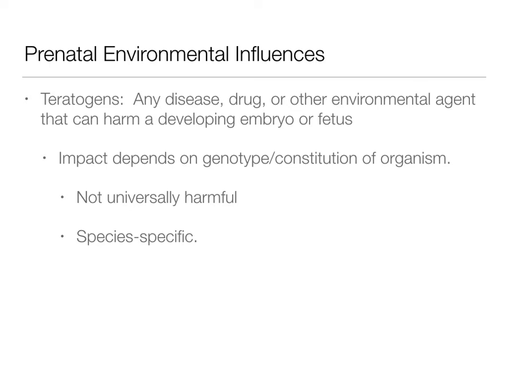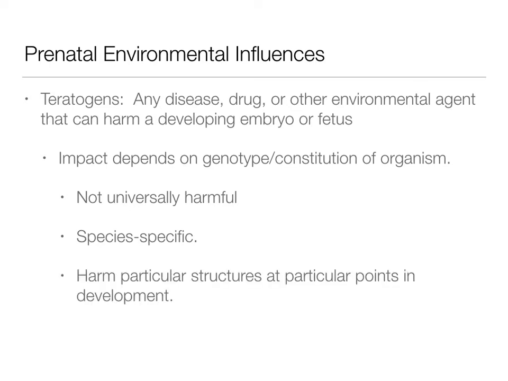In the case of thalidomide, which we'll talk about in a bit, it was not harmful at all in the animal trials, even with the pregnant animals. They didn't see any structural abnormalities, whereas in humans it was grossly harmful. And again, these harm particular structures at particular points in development. It doesn't matter when you get this teratogen, it's going to cause the same outcome is not true.